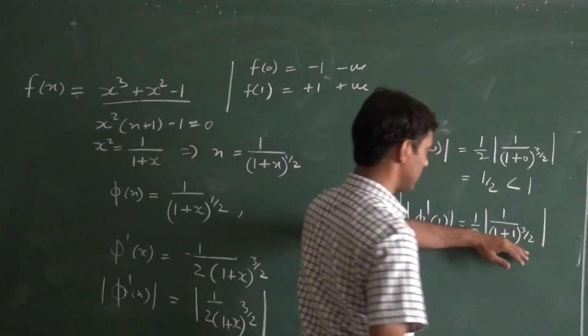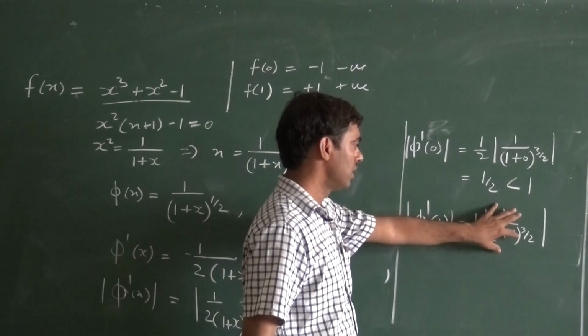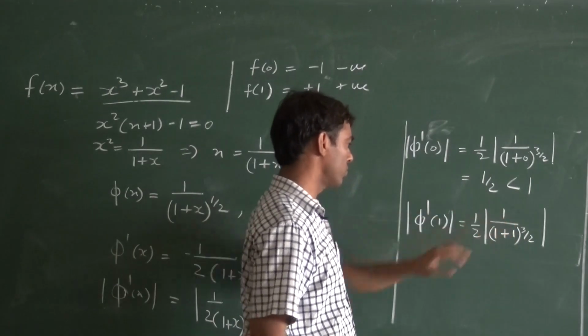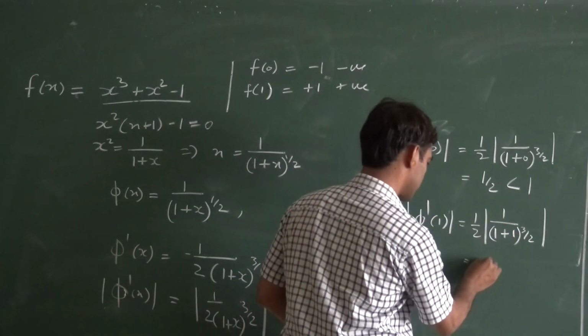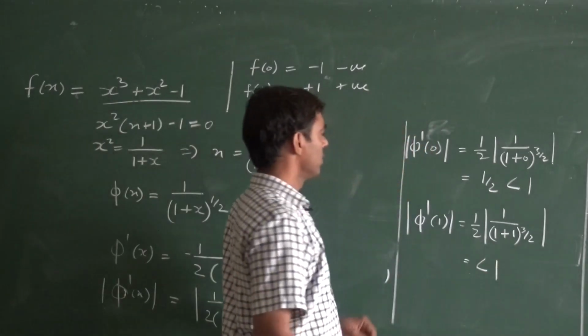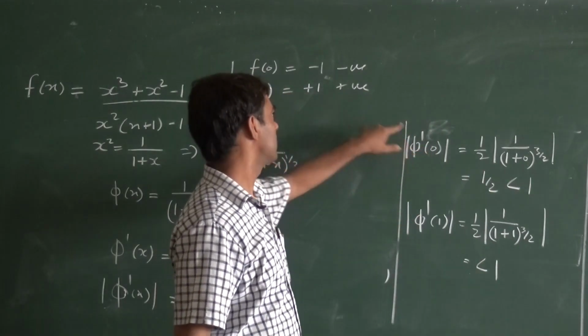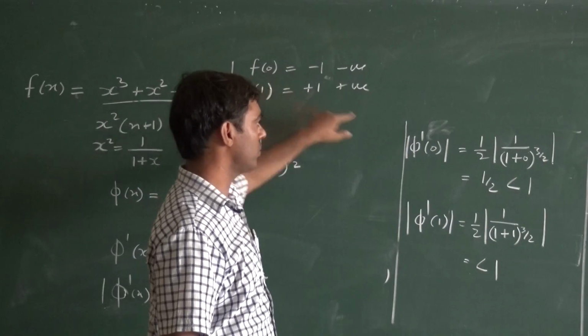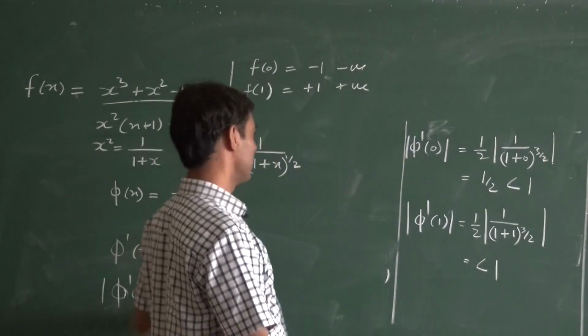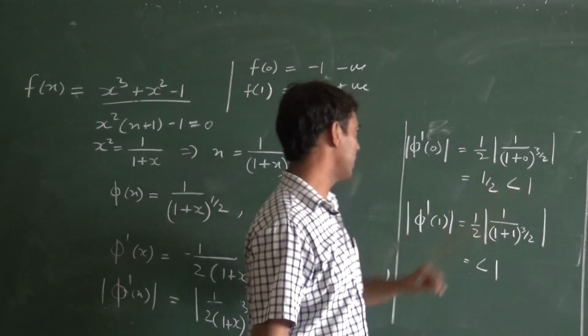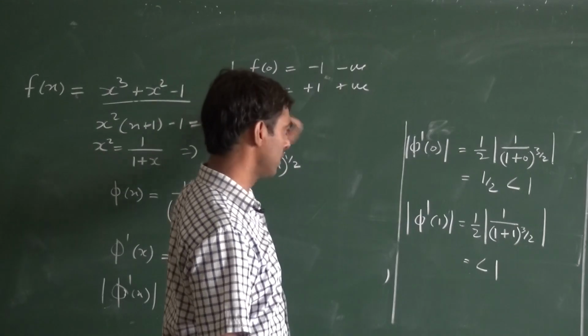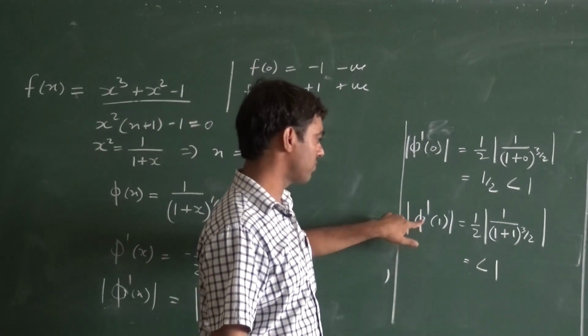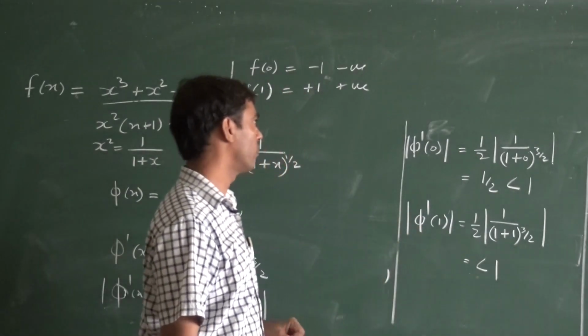Obviously the denominator is greater than 1, so the total value becomes less than 1. So at x equal to 0, phi dash x is less than 1, and at x equal to 1, phi dash x is also less than 1.